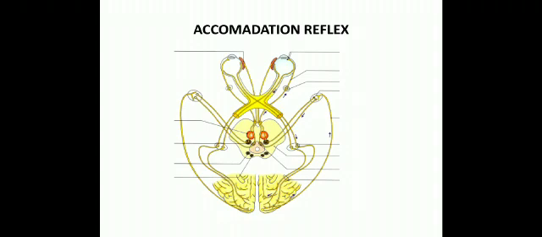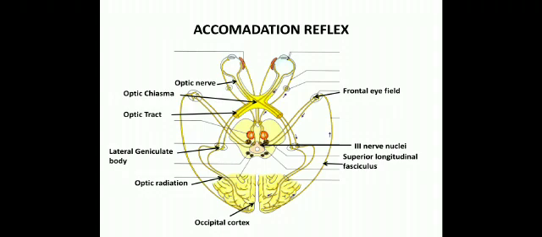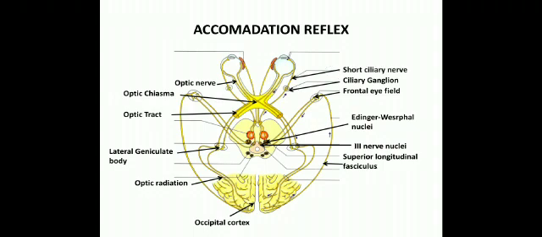This is mediated through the retina, then the optic nerve, the optic chiasma, optic tract, the lateral geniculate body, the optic radiation, the occipital cortex, that is the visual area, the superior longitudinal fasciculus, the frontal eye field, the third nerve nucleus, and along with the Edinger-Westphal nucleus, then reaches the ciliary ganglion, the short ciliary nerve, and the sphincter pupillae muscle that causes the constriction of the pupil and the ciliaris.